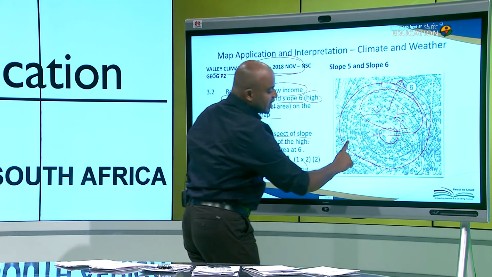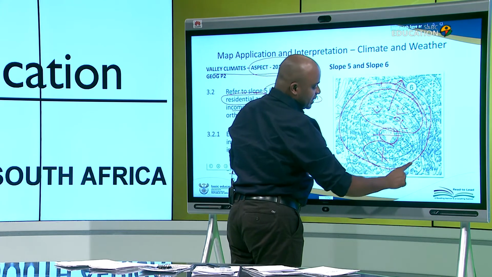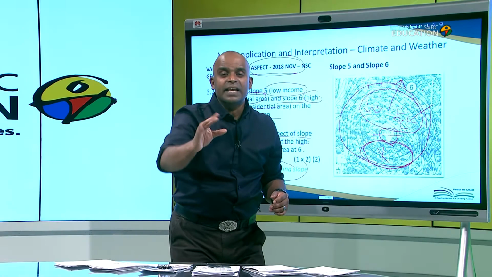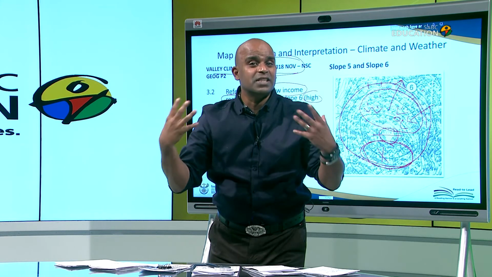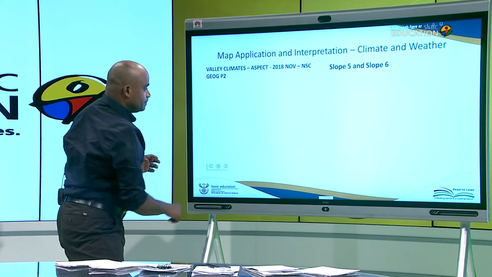In this particular example, this is your south-facing slope and therefore receives less sunlight. Notice your north-facing slope has more sunlight. Your ability to recognize the north-facing slope is going to determine how well you answer this question. Let's look at the next one.